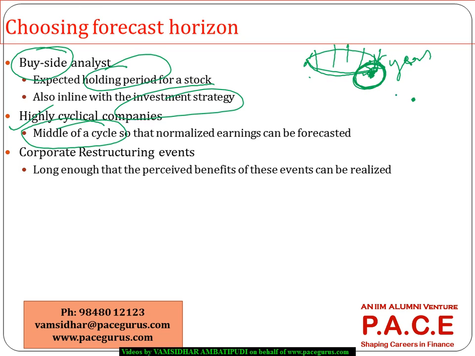All these boom periods as well as bust periods, you normalize the earnings, adjusting them for the business cycle changes, and probably bring them to this level. What if it's not a boom period? What if it's not a trough period? What could be the revenues? You do a normalization to the revenues and then use them as part of the financial model.